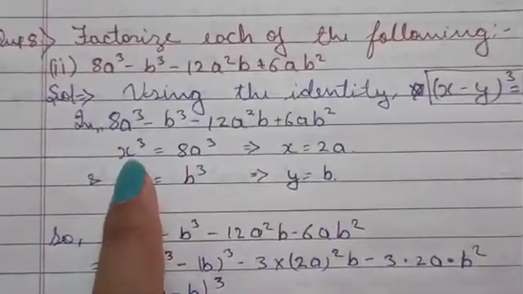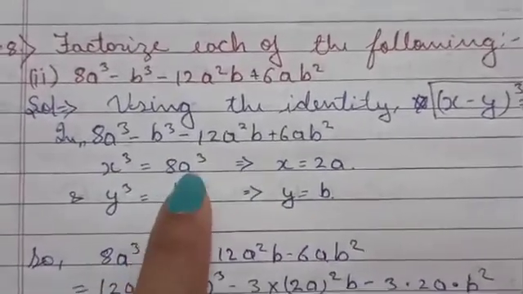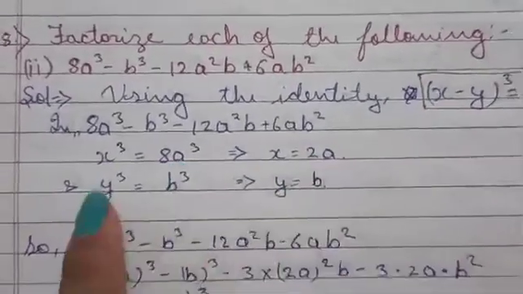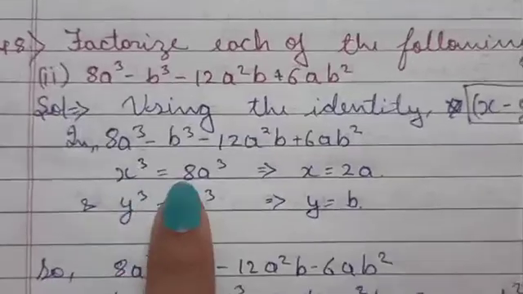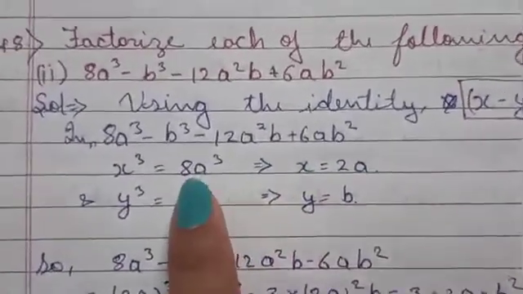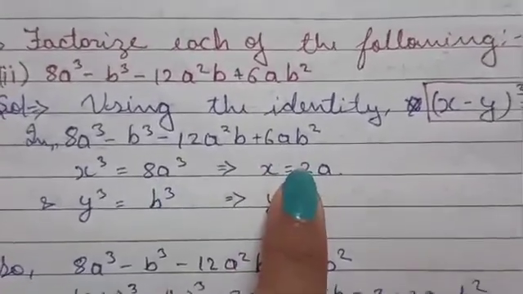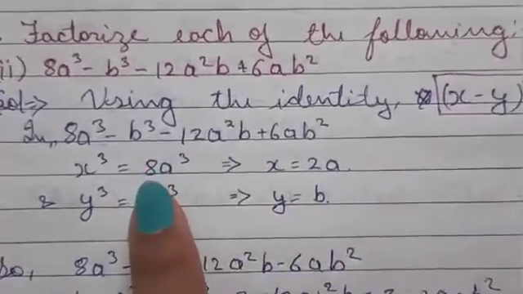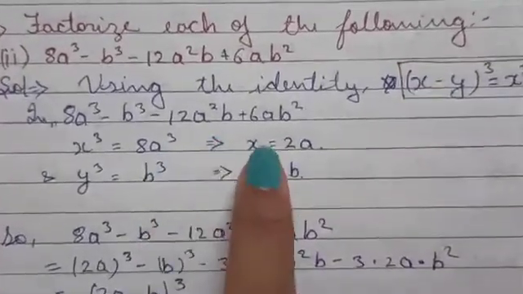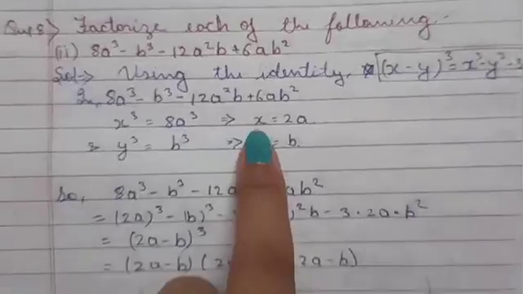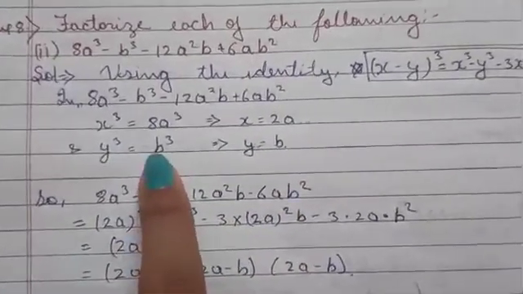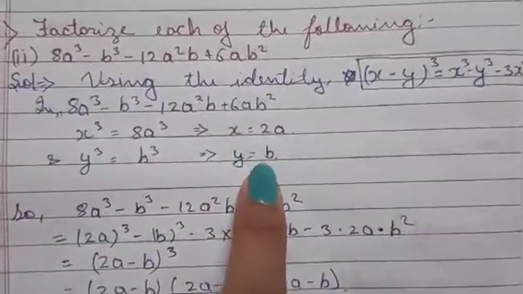If x cube is equal to 8a cube, then x will be equal to 2a, because the cube root of x cube is x, and the cube root of 8a cube is 2a. The cube root of 8 is 2, because 2 into 2 into 2 is 8, and a cube root is a. So x is equal to 2a. Now y cube is equal to b cube, so y is equal to b.